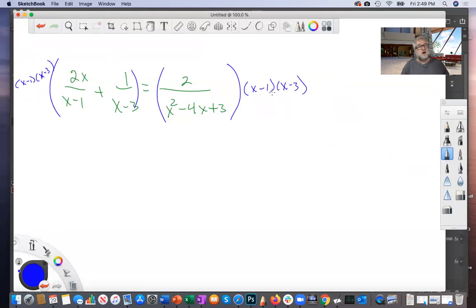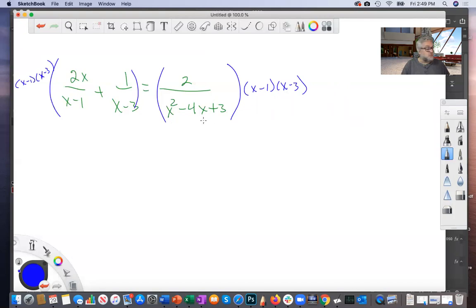Now, what do you think the odds are that this thing is the factors of this? Yeah, it's very likely because these problems are set up that way. Because if you can't cancel out this denominator, this whole thing becomes a gigantic mess to solve, and it's very, very difficult. So the odds are the factors of this are x minus 1 and x minus 3.